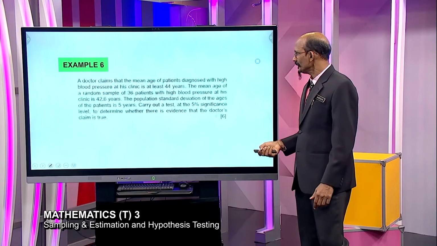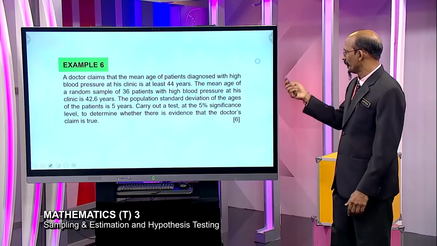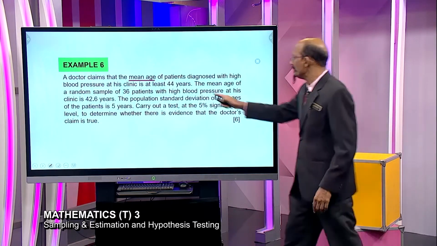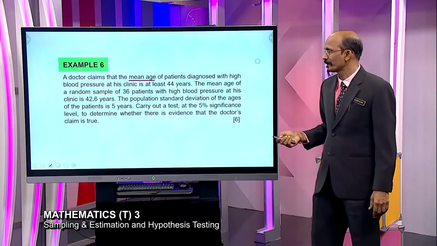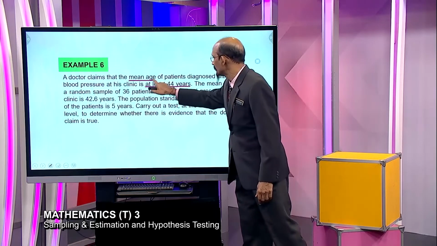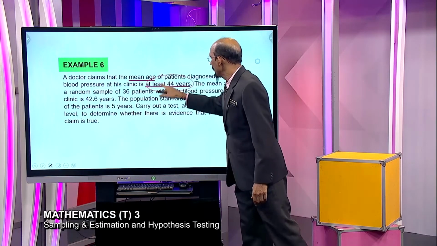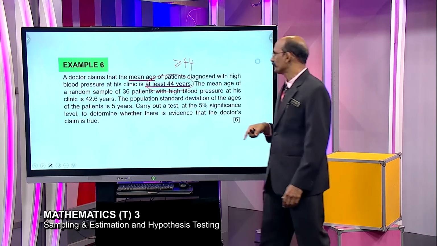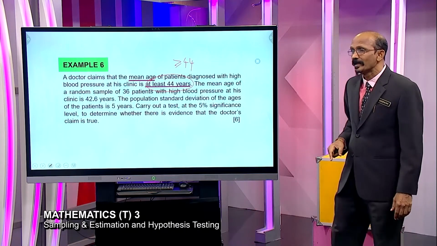This is a question regarding hypothesis testing, regarding mean age. So I am testing the mean, at least 44 years. This is the key point here, 44 years. At least 44 means the mean must be greater than or equal to 44, which tells you that this one is the null hypothesis.